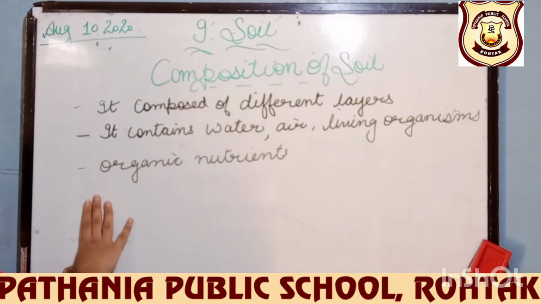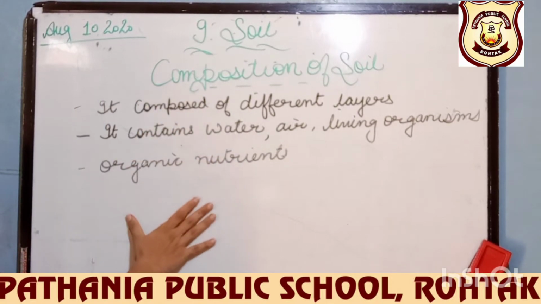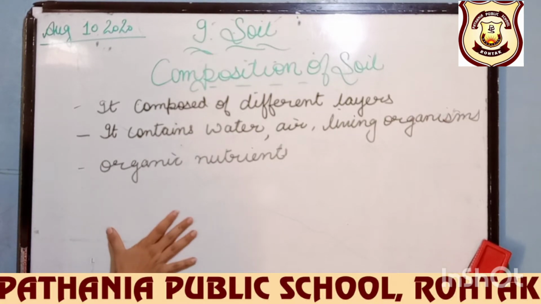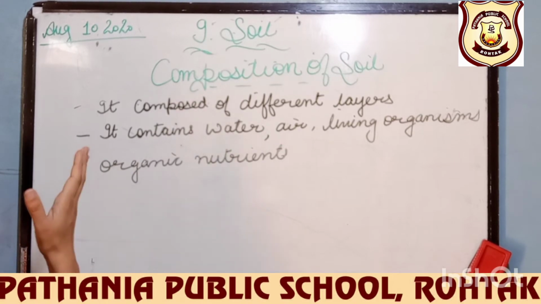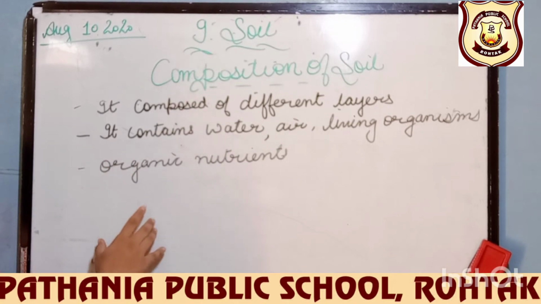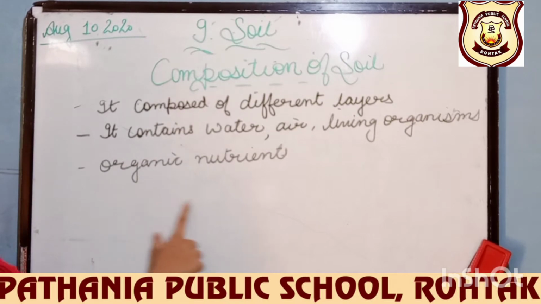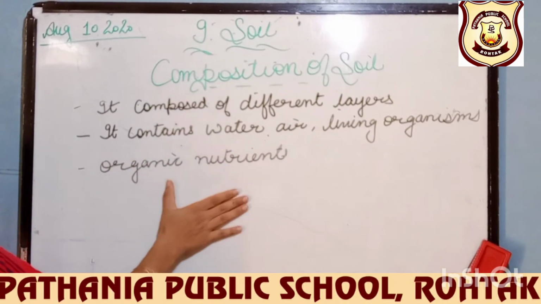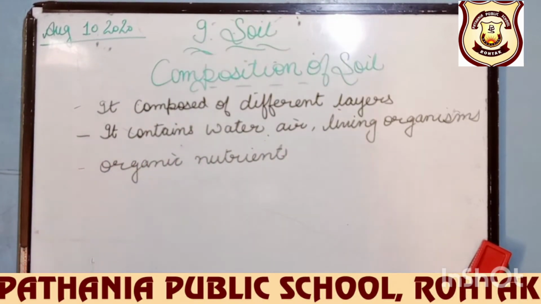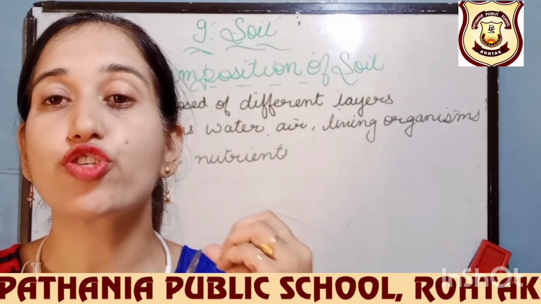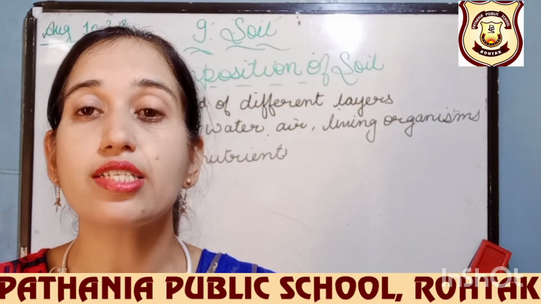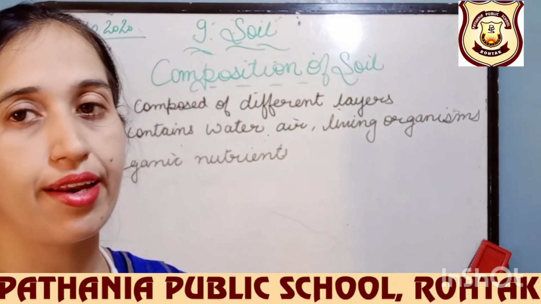Water and air are needed by the living organisms present in the soil to survive and to convert dead and decayed matter into humus. And this humus makes the soil fertile by providing organic nutrients. So you know that every gram of soil has billions of bacteria in it.